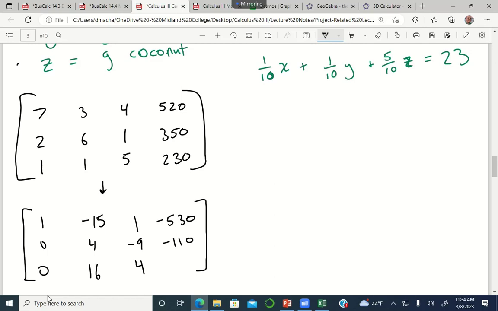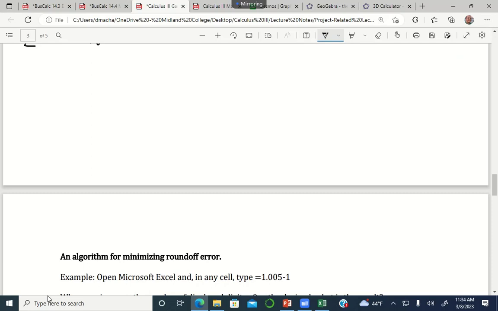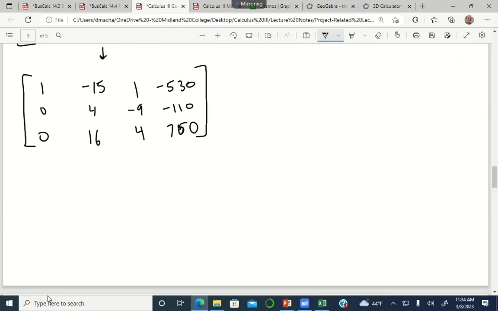And then 230 minus negative 530 is 760. Okay. So I'm inching closer to my ideal augmented matrix because now I've got 1, 0, 0.